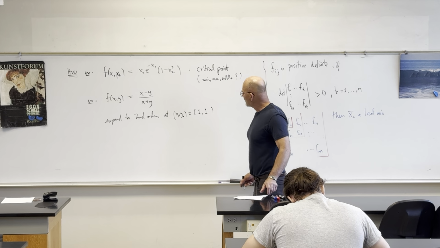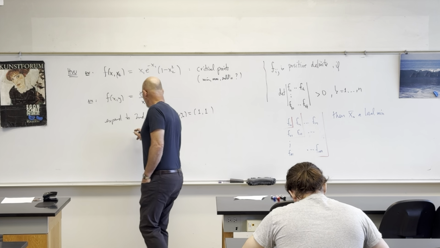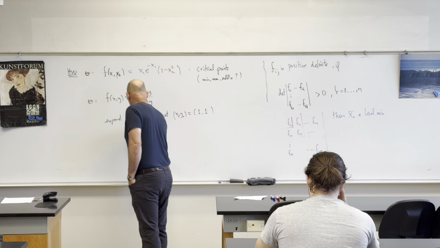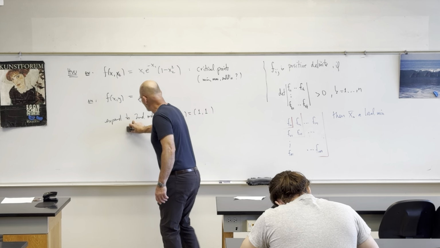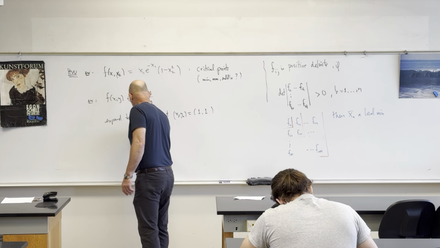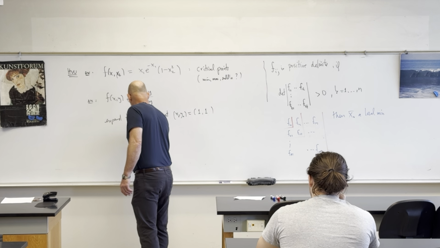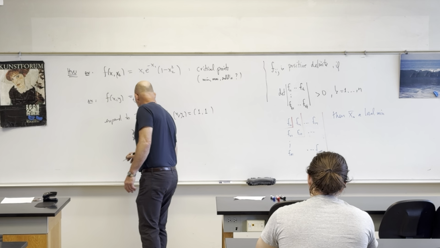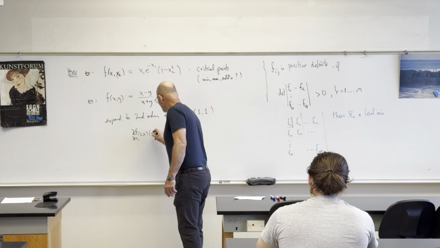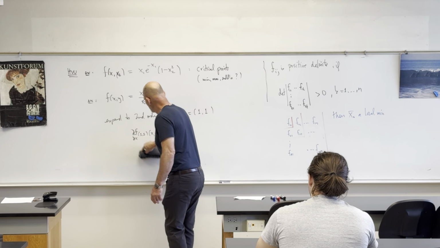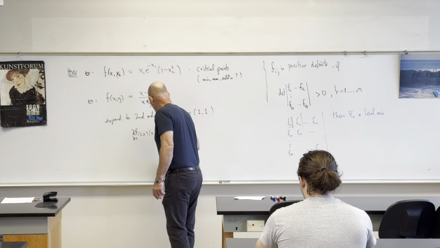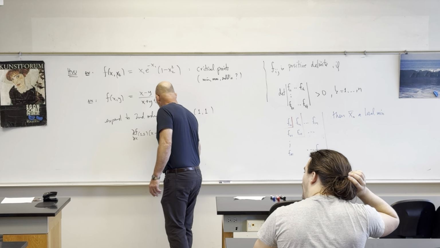When you do that, remember that you're going to have terms like, just generate all of them. You'll have F at 1, 1, which is a constant. And then you'll have df dx times (x minus 1).